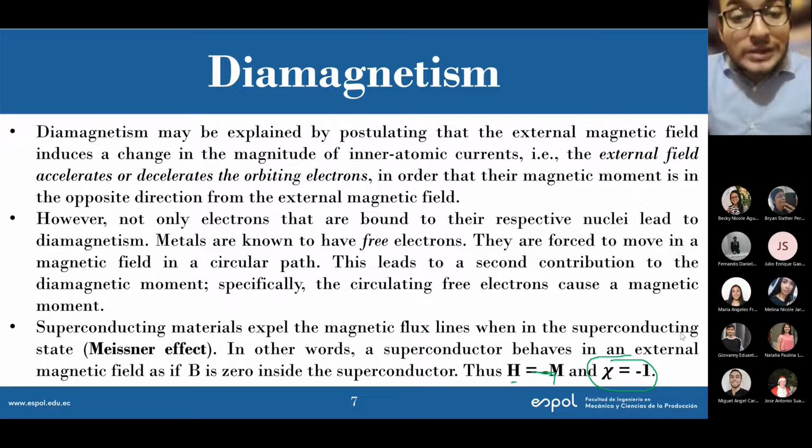Another example of these diamagnets is levitation. If you put a magnet over a superconducting material, and I think I even showed you a picture or a GIF in ceramics, you know it will levitate, right?